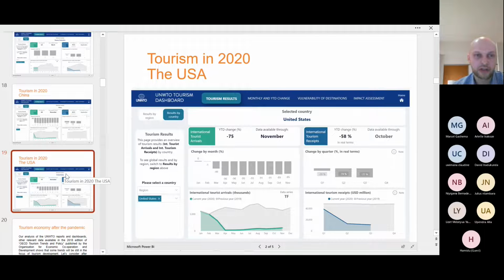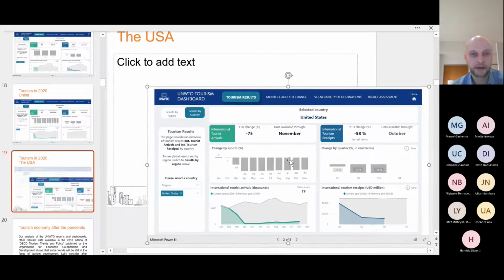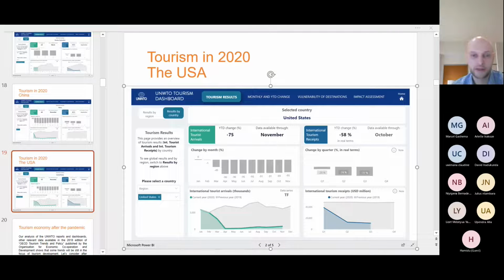I don't have information for Austria here, but I think I should put it there. So let me open the dashboard. I would like to share the information from a Western European country, because you know that they have the Schengen zone, and they can travel between the countries without getting visas.